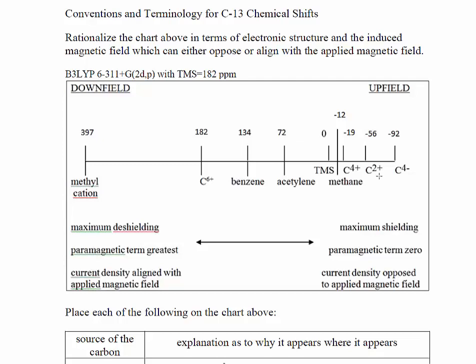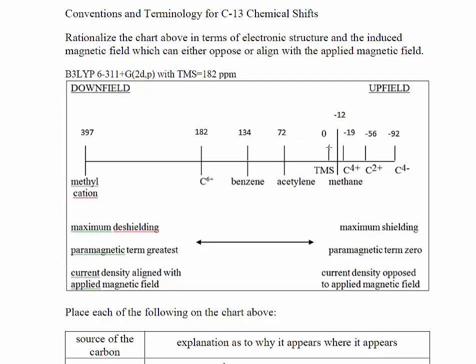C2+ would have a completely filled subshell. The 2s2 subshell there would be filled, and for C4+, you have a 1s subshell that's shielding the nucleus.